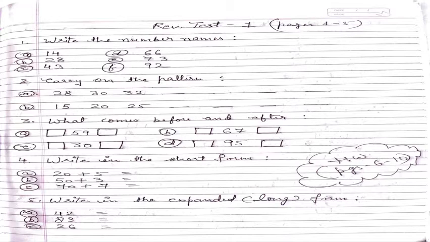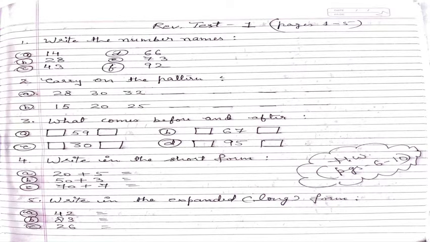Look at question 3. What comes before and after? Children, here a number is given and you have to write its before number and after number. Means you have to write the number that comes before it and the number that comes after it. Now children, question 4. Write in the short form.